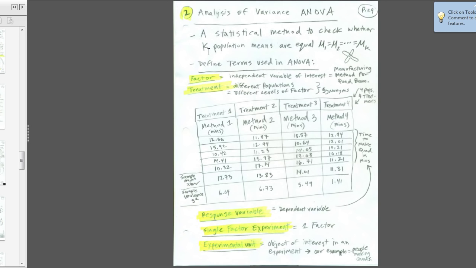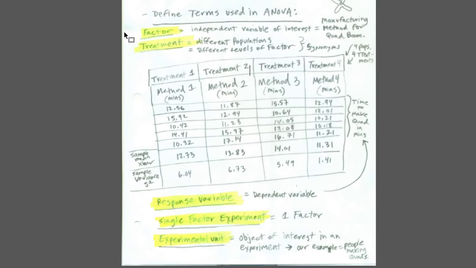Now, the strange thing about ANOVA is that the terms factor, treatment, response variable, and experimental unit all come from agriculture. So check this out. Instead of saying independent variable of interest, the manufacturing method for quad boomerangs, we would just call that the factor. Instead of different populations, notice we have method 1, with a bunch of times there, and method 2, a bunch of times.